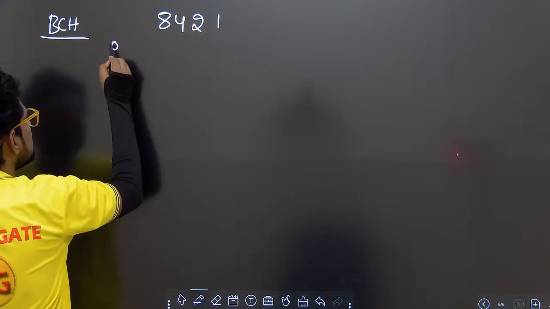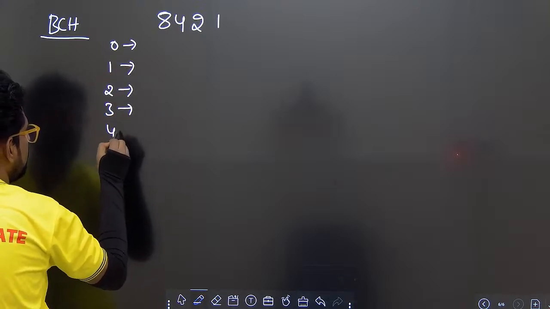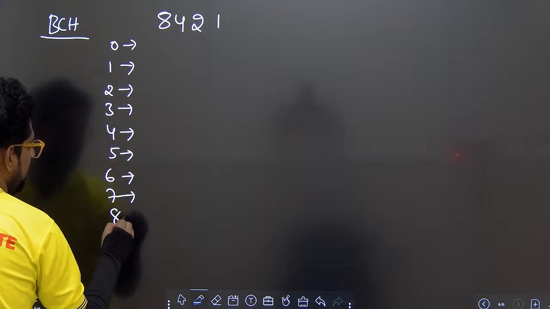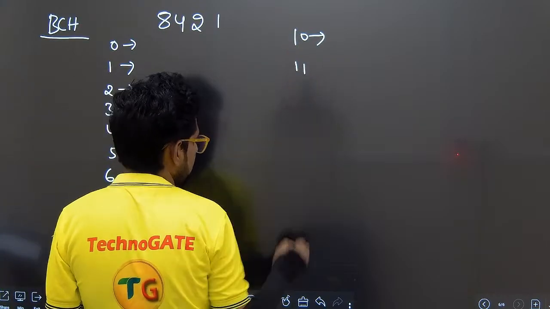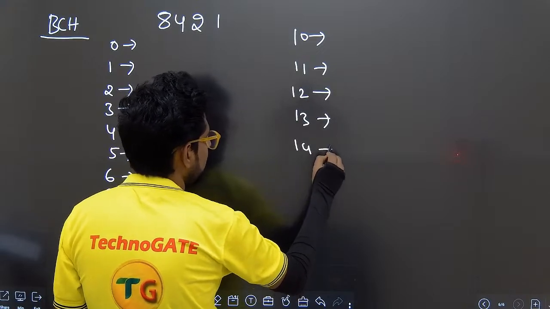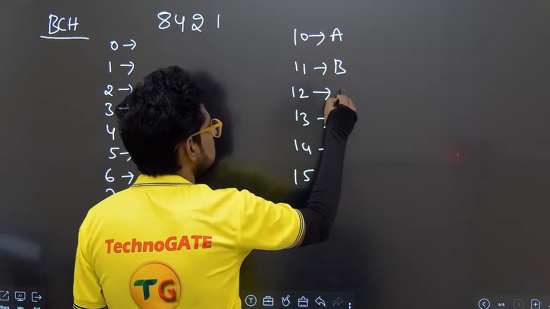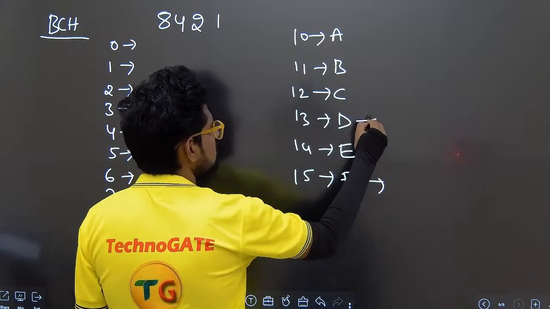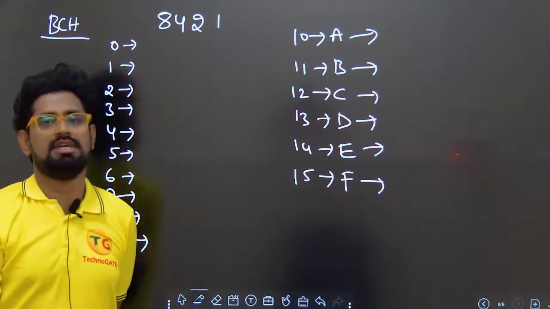So I need to write 0 to 15: 1, 2, 3, 4, 5, 6, 7, 8, 9, 10, 11, 12, 13, 14 and 15. But 10 to 15 are named A, B, C, D, E and F. So 15 means F. Now I want to write codes for this here.